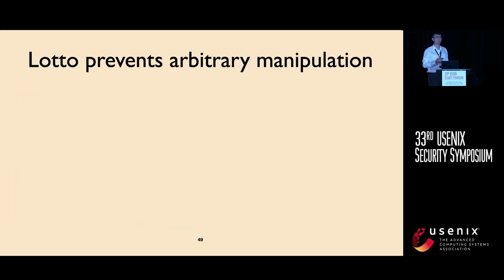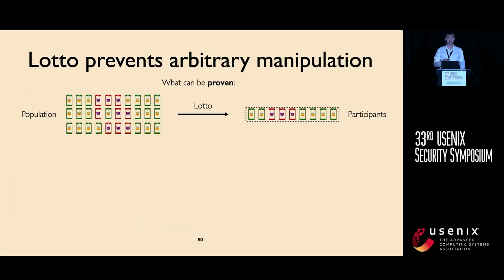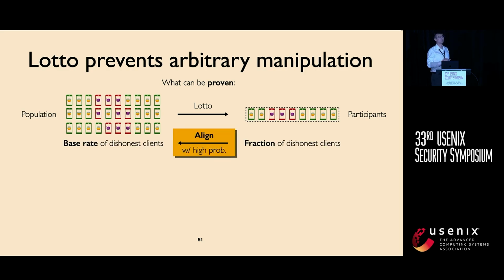Now let's talk about the evaluation results. First, for the security part. We have proven that if you use Lotto for participant selection, then with high probability, the fraction of dishonest clients in your selected participants will be very close to the base rate of them in the population. That means if you originally have an honest majority in your population, and you use Lotto, then the fraction of dishonest participants will still be very small, which means you still have an honest majority in your selected participants.